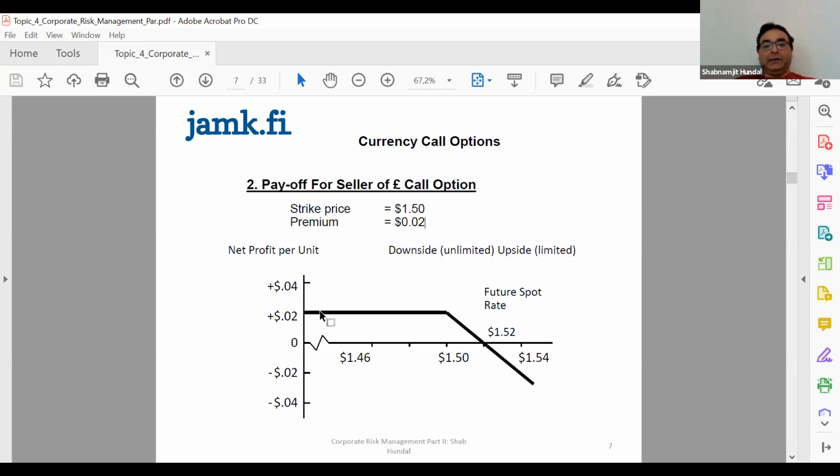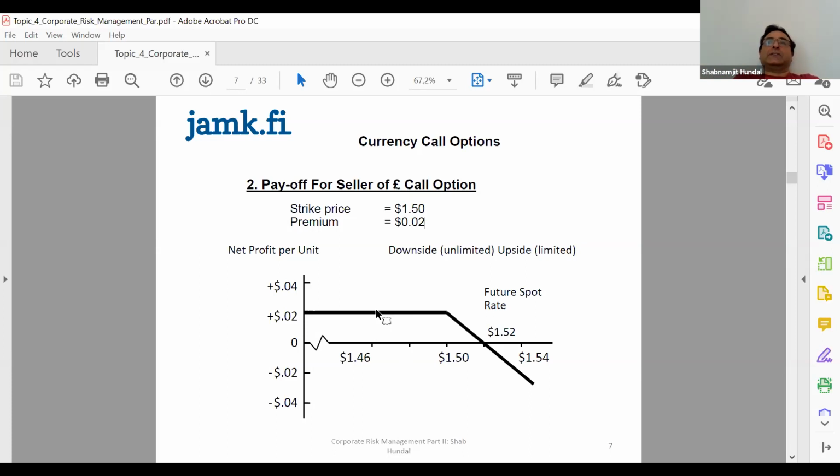That is the gain of the bank when the option is out of the money. It's a loss to the buyer, but it's a gain to the seller, right? Seller means the bank in this example.